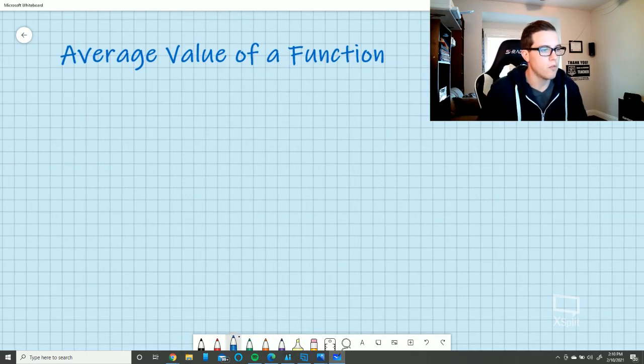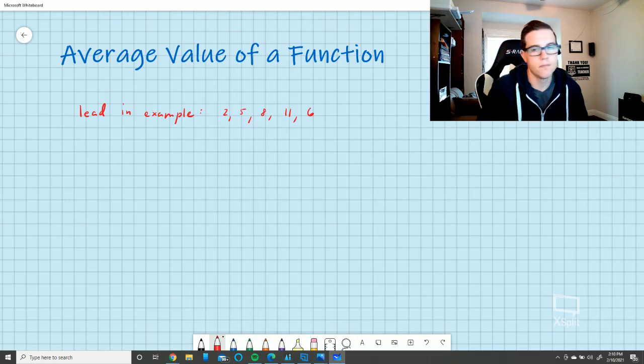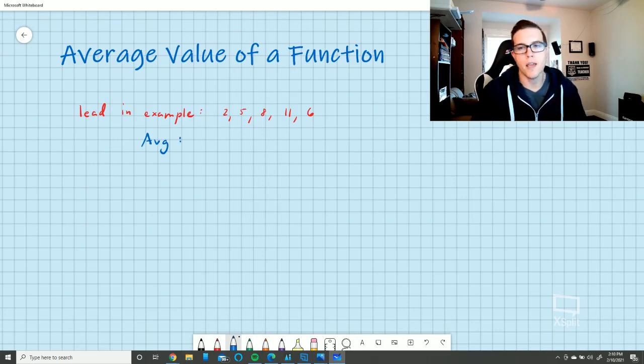So real quick, I'm going to call this a lead-in example. If I gave you the following numbers, 2, 5, 8, 11, 6, I can ask you to find the average of these numbers. How do you find the average?